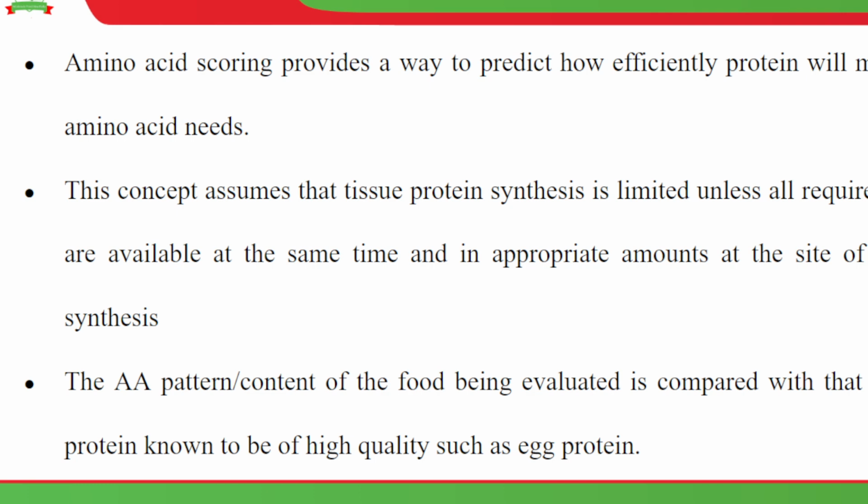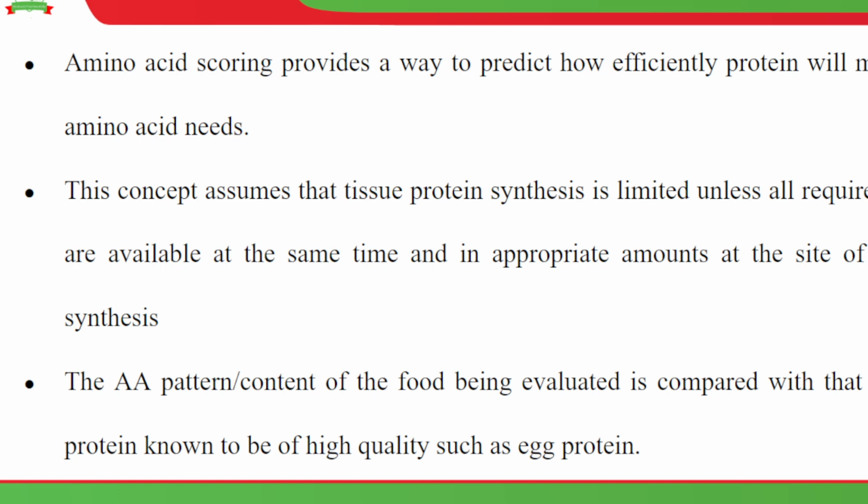Let's look at an example with beans. You find out the amino acid content of beans, and then you compare it to the reference protein of egg, which we already know is of high biological value.